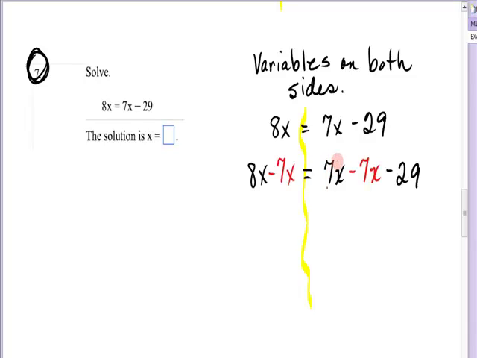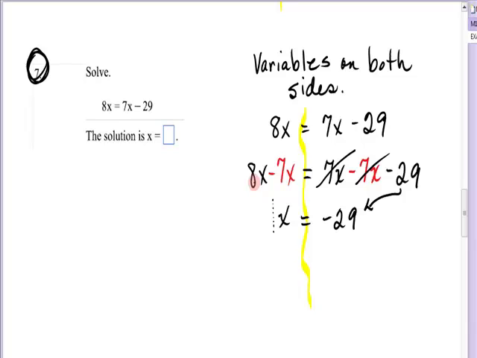All right. On the right-hand side, I'm focused on my x's over there. I get rid of them because one's positive, one's negative, but they were the same numbers. So I'm left with negative 29. On the left-hand side, I had 8 of these x's, and I took away 7 of these x's, so I'm only going to have an imaginary 1x.